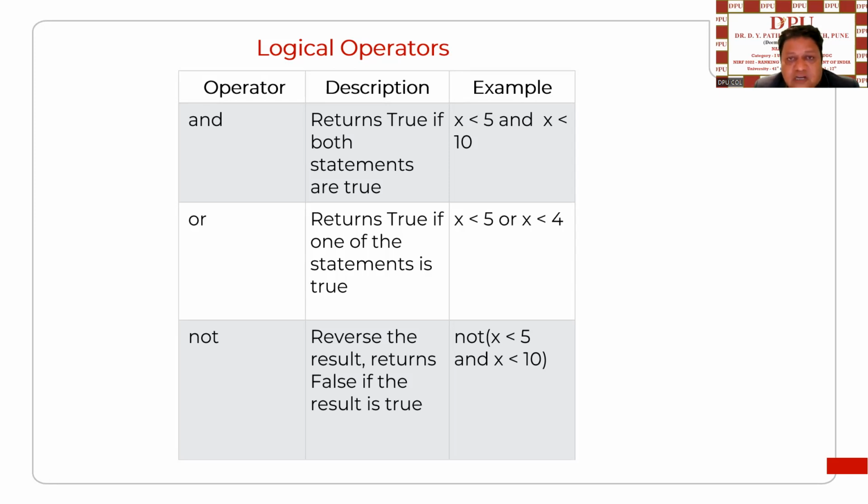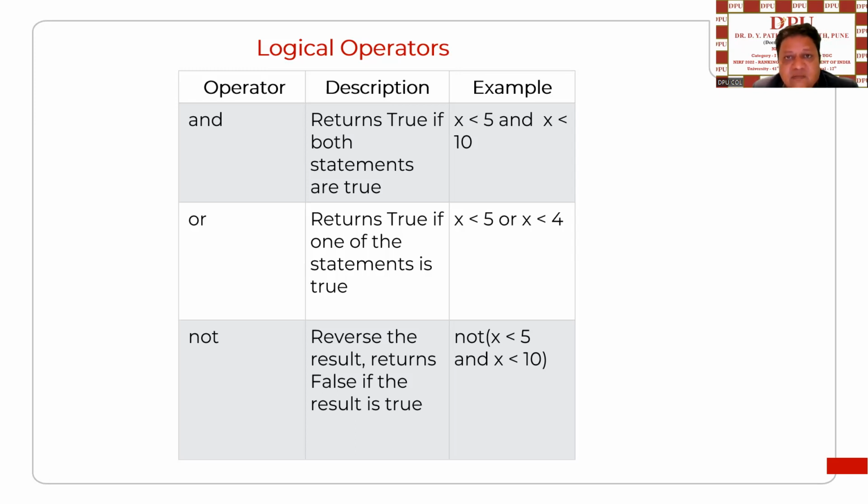It gives the opposite result. Means what? It should not be. Whatever condition that you give here, it should not be true. Means the value of x should not be less than 5. If the value of x is less than 5, you will get a false value. But if the value of x is, say, 10, then by using the not operator, you will get true.